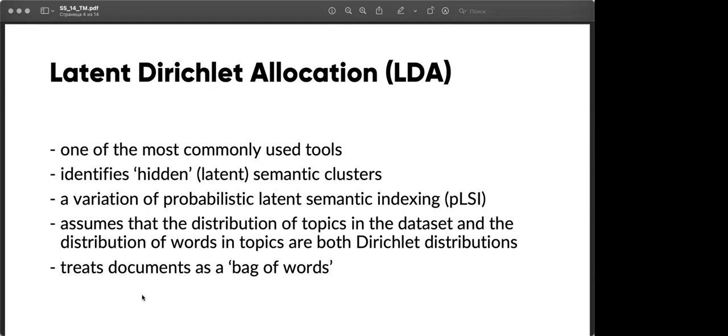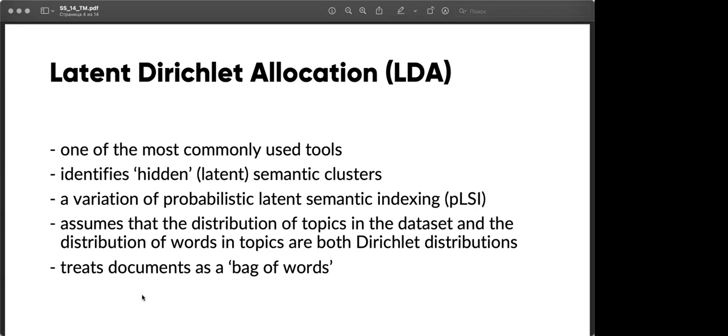And as already mentioned, it attempts identification of latent semantic clusters, so hidden semantic clusters, something that is not evident and is not directly represented in the data, but that requires additional modeling. It is based on a more broad algorithm, but its distinctive feature is that it assumes a very specific distribution of topics in the dataset and distribution of words in topics.